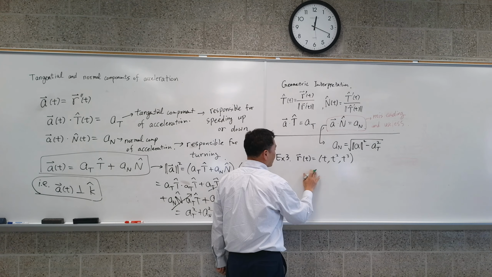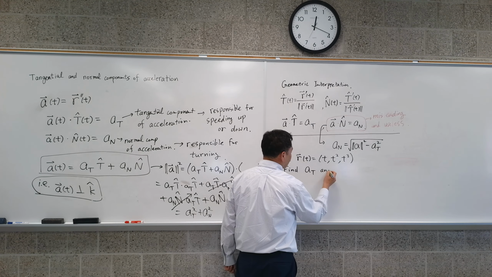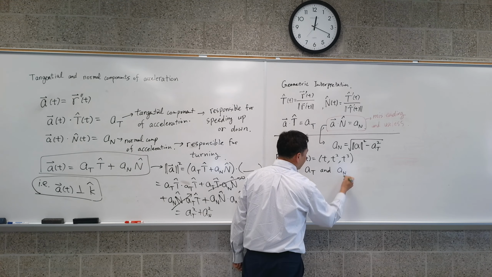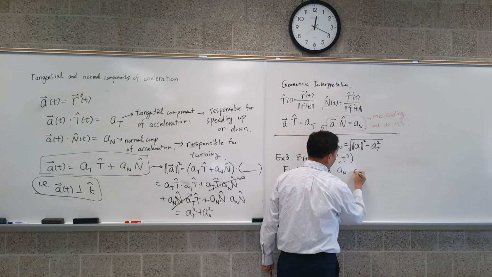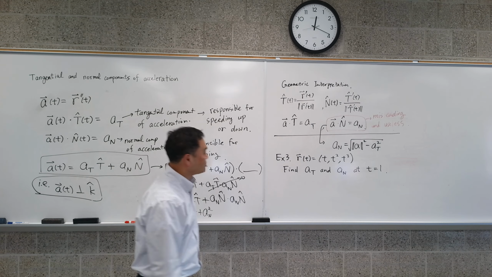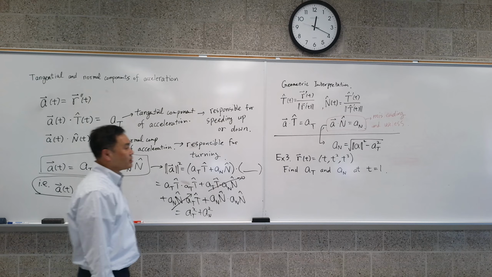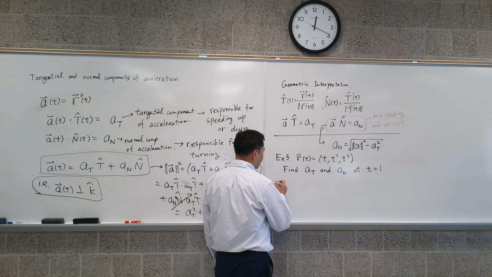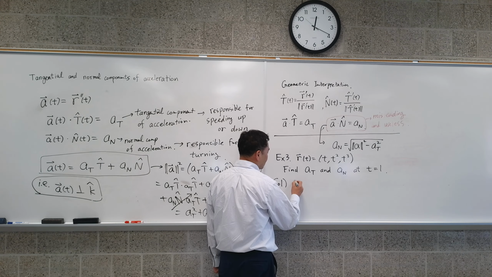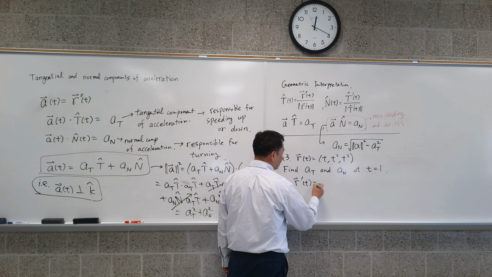Okay, find a_T and a_N at time t equals 1. Okay, so the solution would be, well, we need the acceleration, so we'll have to differentiate it anyways.